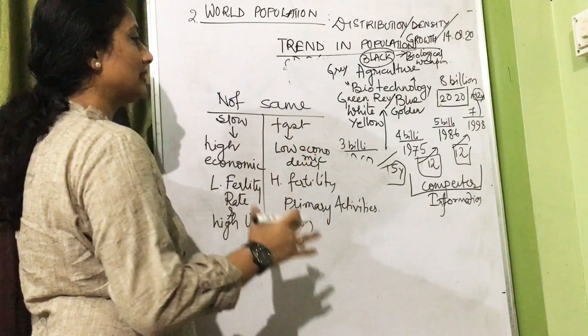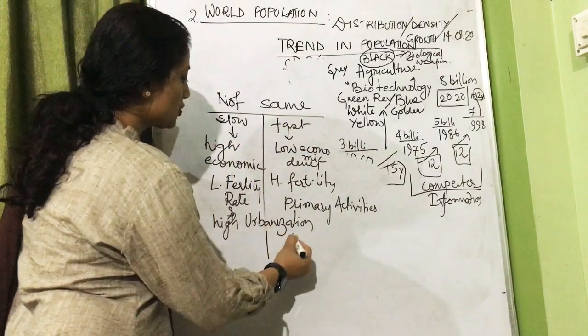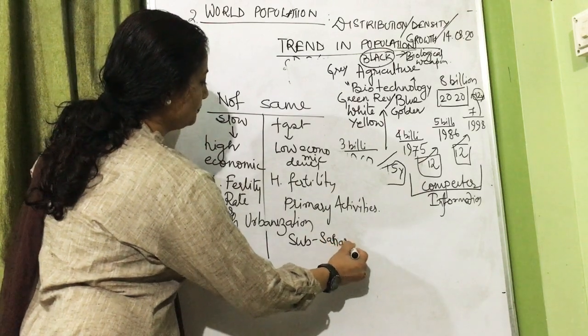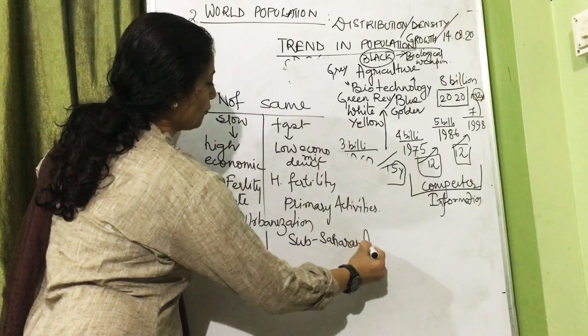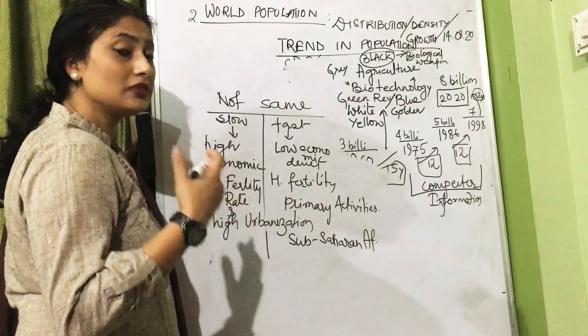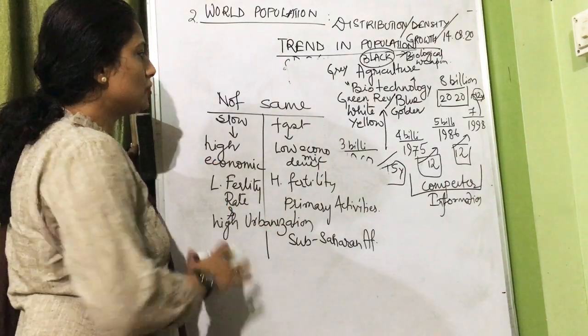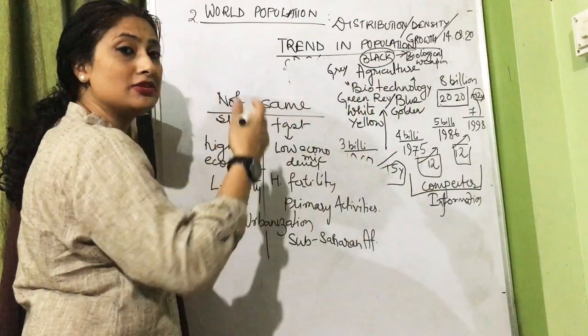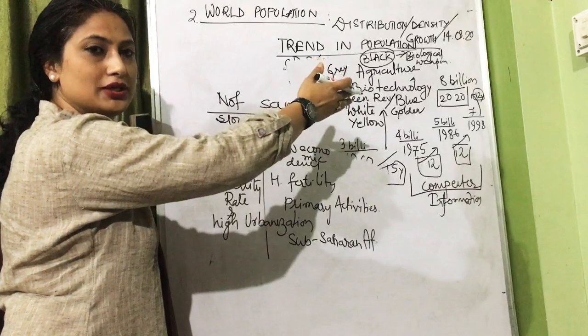For example, in the sub-Saharan African countries the population growth rate is still very high today. This is what brought change in the population scenario from 1830 to the present, that is 2020.